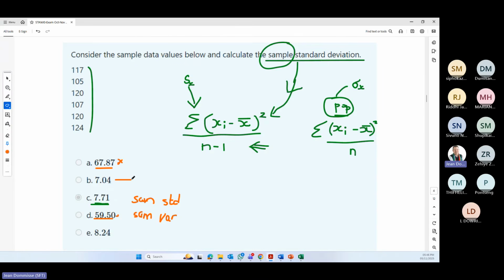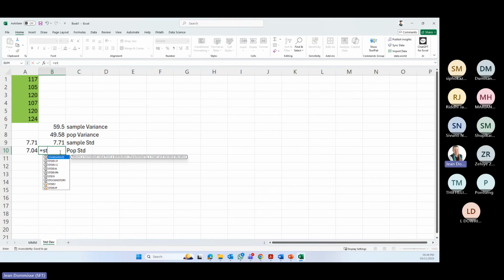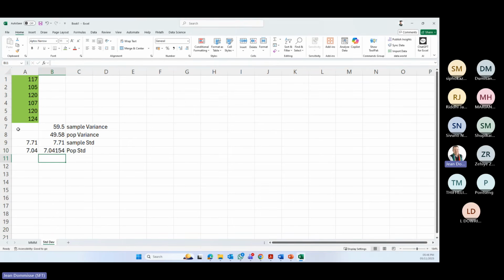So there it is, 7,04. The standard deviation of your population. And we can also do it from a standard deviation point of view, looking at the population from that formula, and we will also get the same.